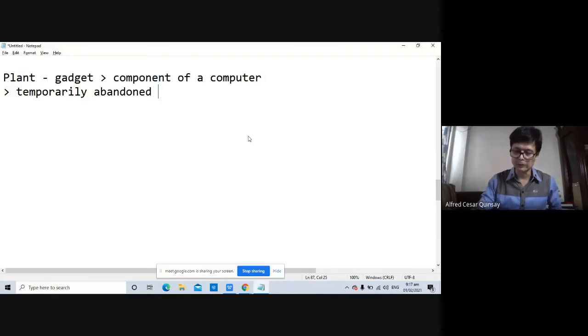So shall not account for non-current asset that has been temporarily taken out of use as if it had been abandoned. So hindi siya abandoned talaga katulad nung naunang sinabi natin. Parang pinagpahinga lang since walang masyadong demand dun sa, let's say, component of a computer.